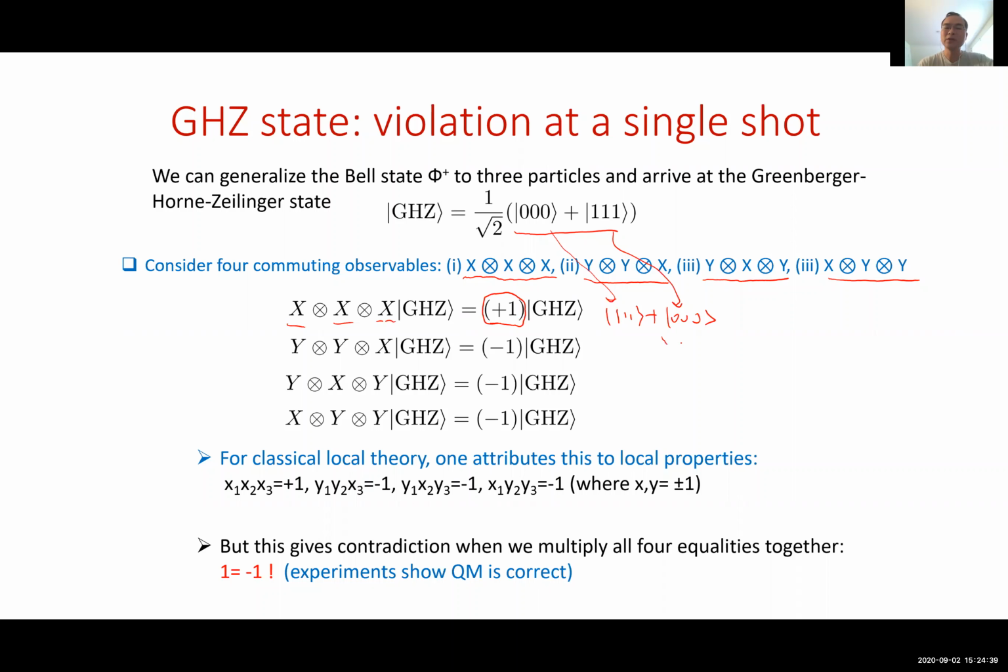So y is this matrix. This means 0 goes to i times 1, and 1 goes to minus i times 0.